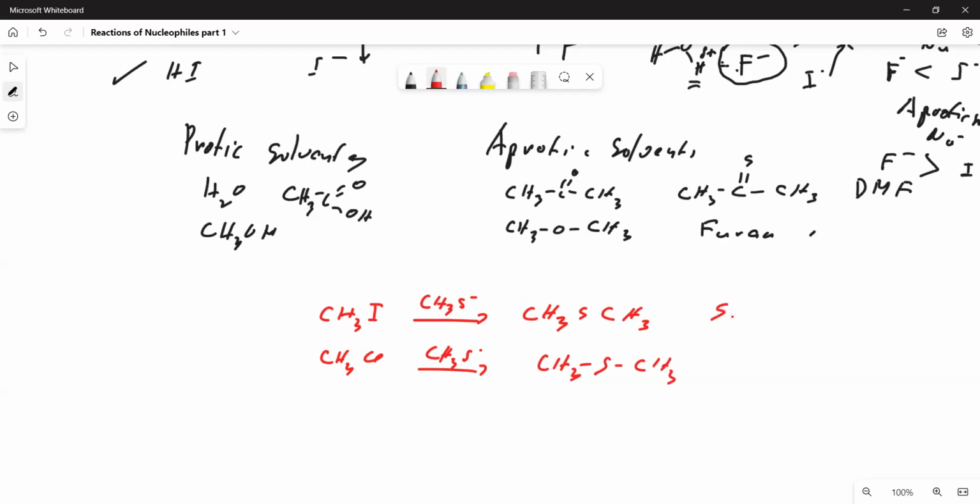And what is the assumed mechanism? Of course, SN2, because you have the simplest alkyl halide. But which one is faster? Methyl iodide has a better leaving group, so this one will be faster than the second one.